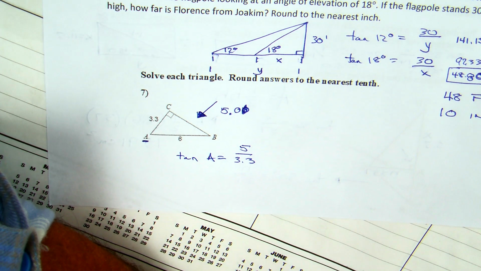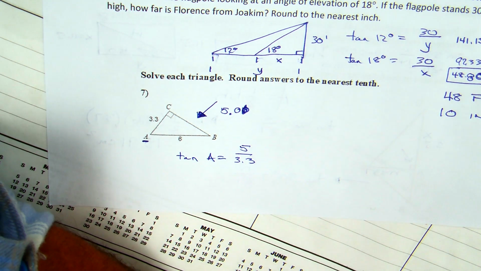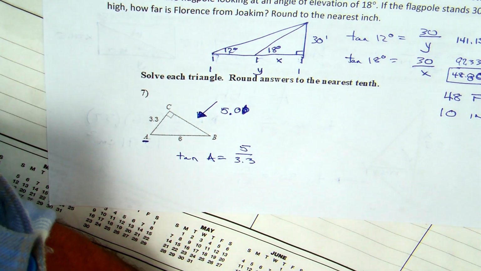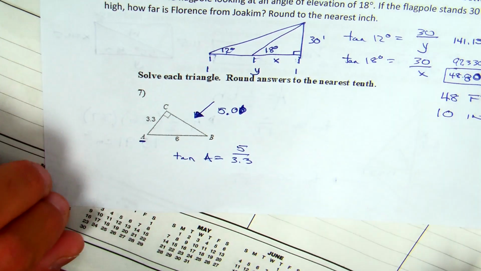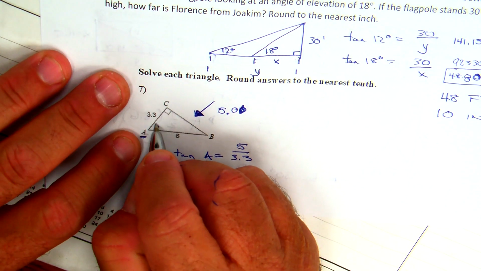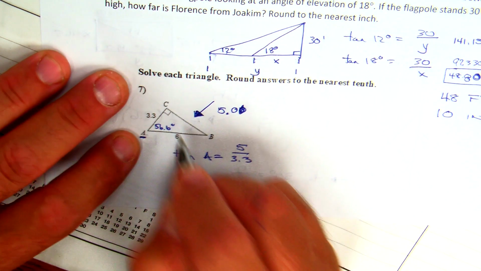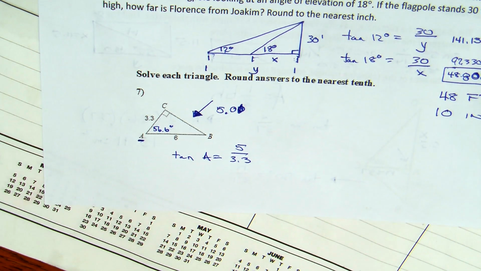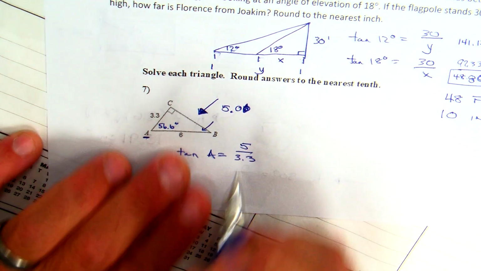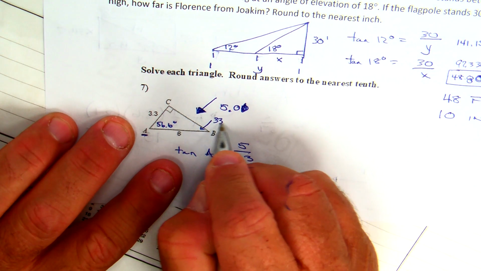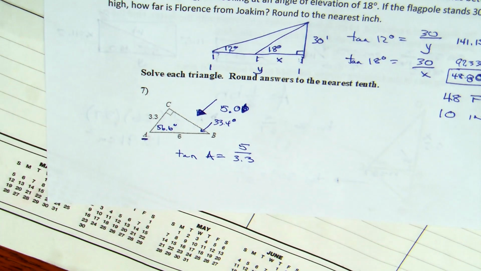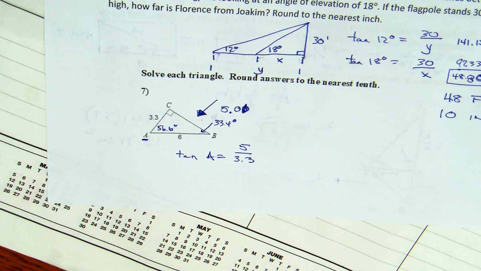Second tangent, 5 divided by 3.3. Says round the nearest tenth, so this is 56.6 degrees. And then to get the missing angle, it is 33.4 degrees.